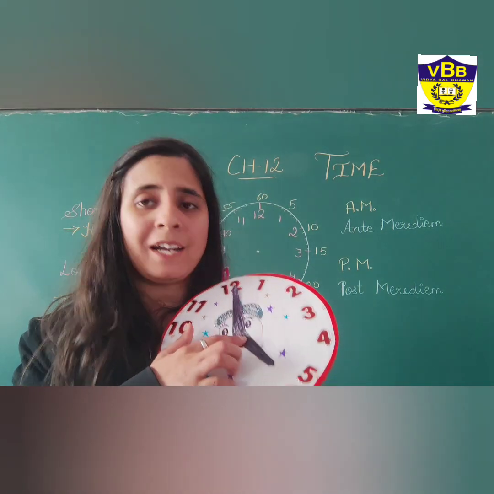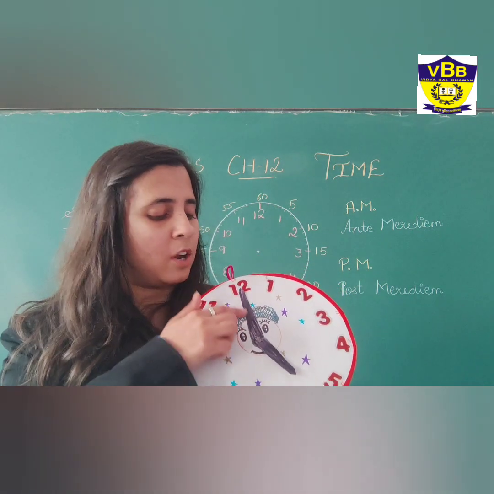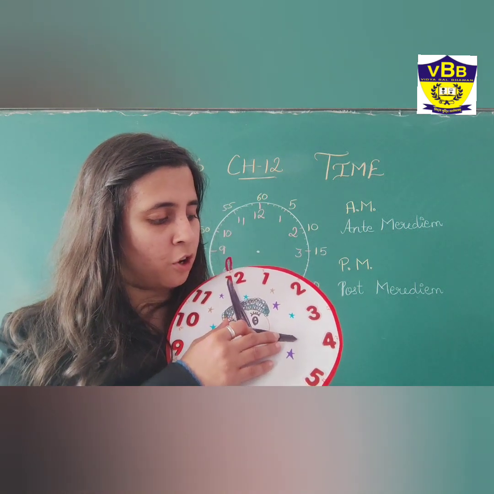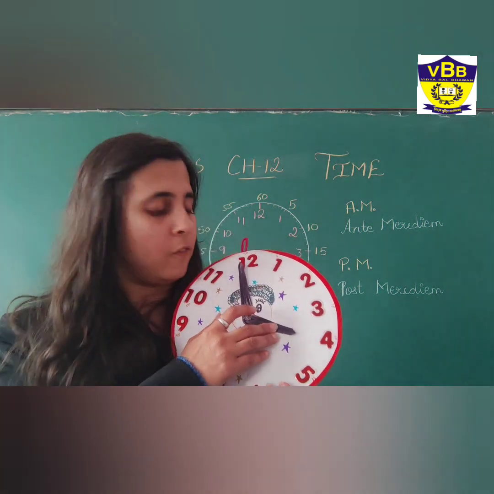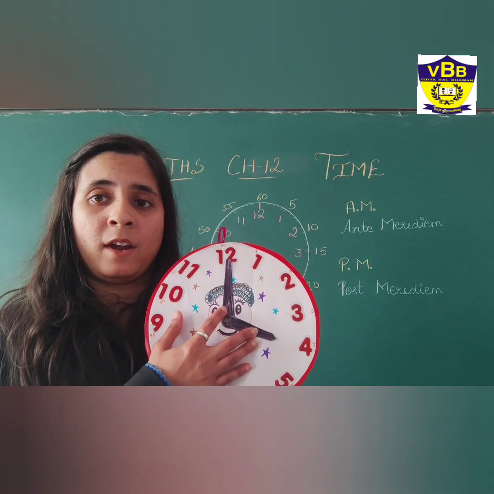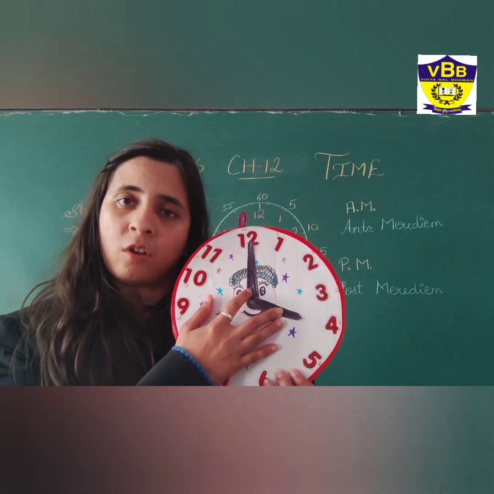Now you all know that the short hand is telling us the hour, whereas the long hand is telling us the minutes. If the short hand is at 4 and the long hand, the minute hand, is at 12, that means the watch is showing the time 4 o'clock.